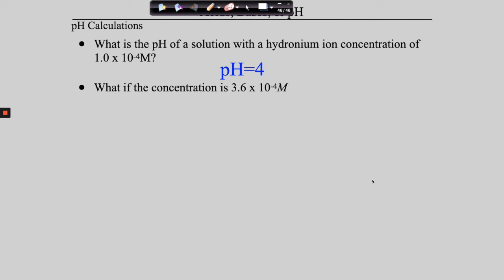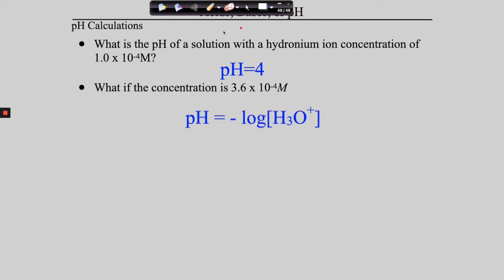What if the concentration is 3.6 × 10⁻⁴ molar? Now understand, when it was 1 × 10⁻⁴, the pH was 4. But now the pH is no longer 4 because this is no longer a 1. So now we know it'll be close to 4, but we've got to figure out what it actually is. So how do we do that?